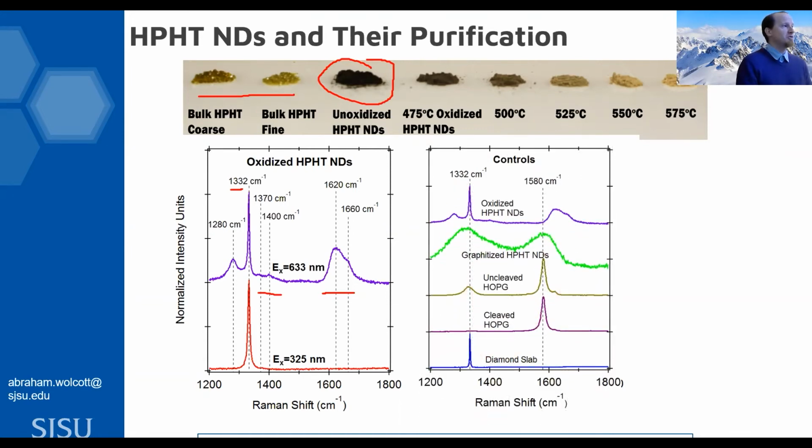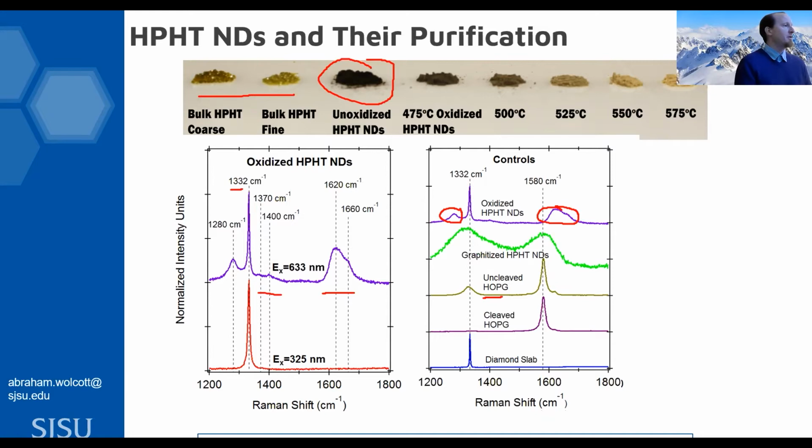And so we did some controls. We looked at HOPG because we wanted to make sure that we didn't have a graphitized surface. And in fact, the features that we were finding did not align well with a graphitized surface. That gave us the impression that these additional features in this area after aerobic oxidation may in fact be due to these Pandey chain reconstructions.